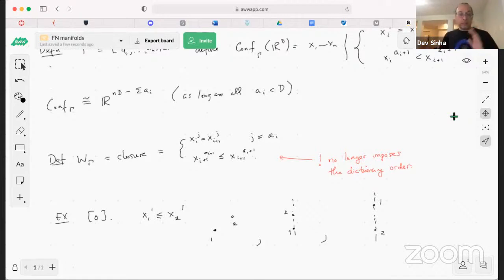In a way, we're going down in a stratum, if you will, by considering this equality, but we haven't been making that same inequality demand of the next coordinate. What you can't have is 2 over to the left of 1. So this is a proper subspace. It's about half of the configurations. Well, it would be half the configurations if I only had the ordered ones, because you either are ordered or unordered.